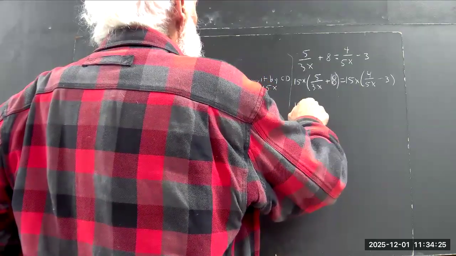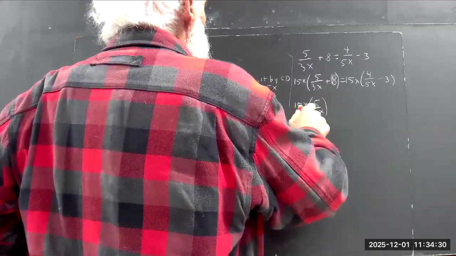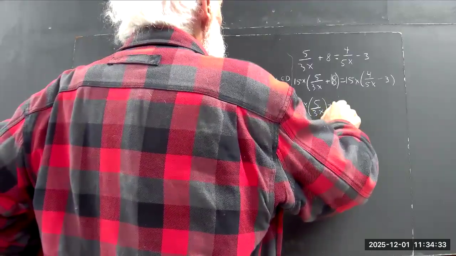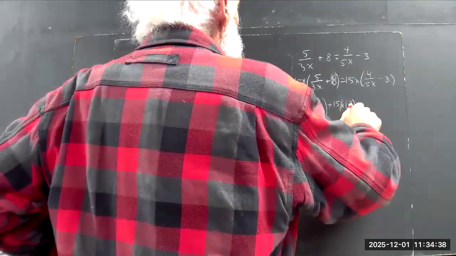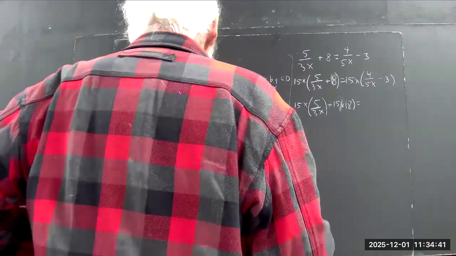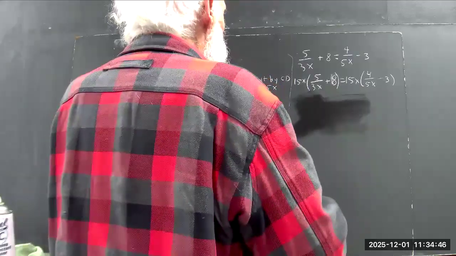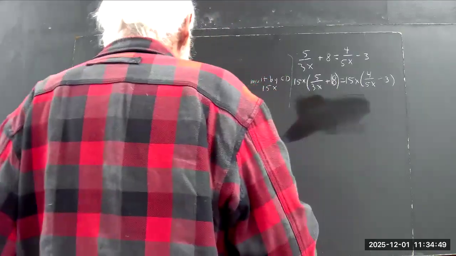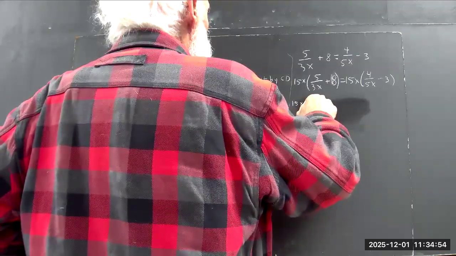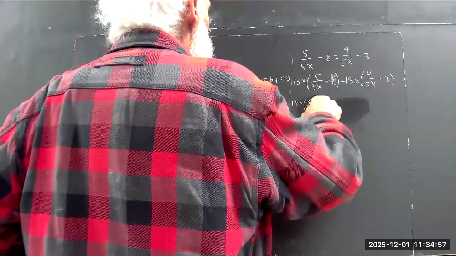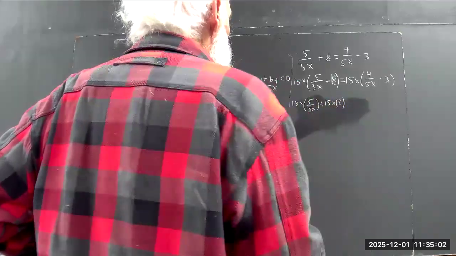Applying the distributive law, we get 15x multiplied by 5 over 3x plus 15x times 8. I'm not leaving myself enough room, so let me start over here. 15x times 5 over 3x plus 15x times 8.